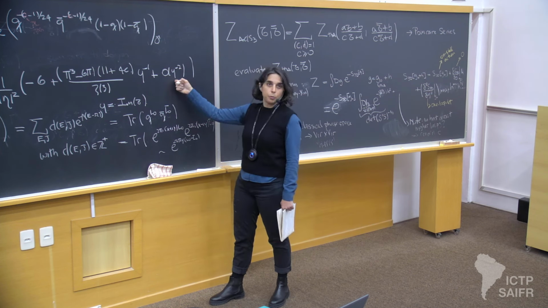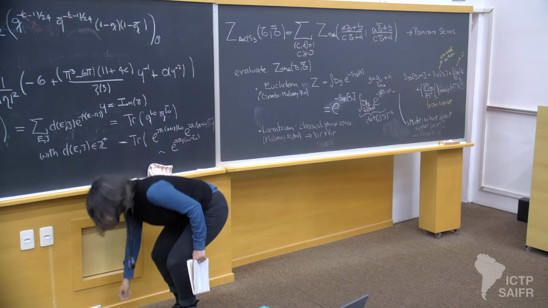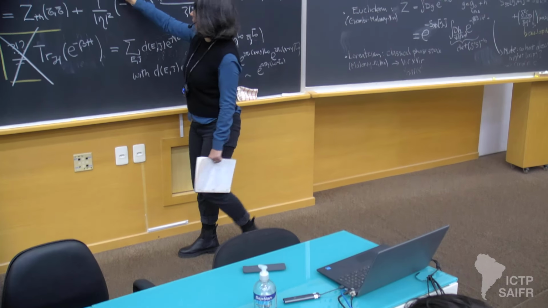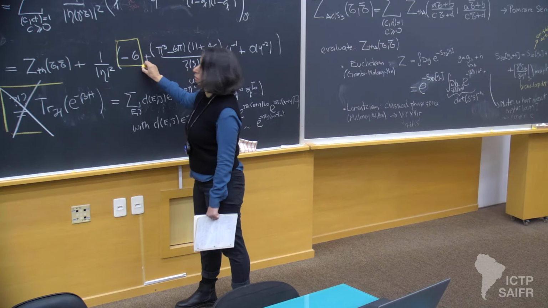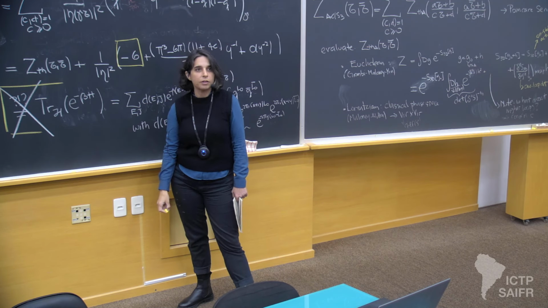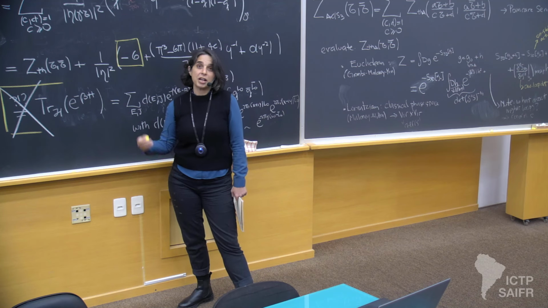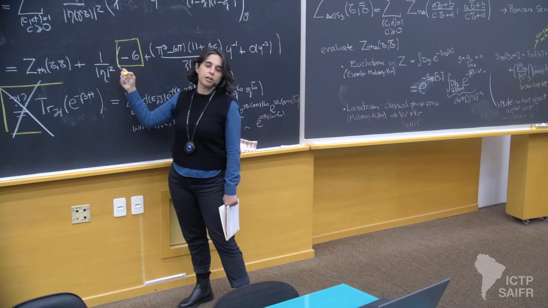There's this y dependence that comes out of the regulation. But then, it's a negative number. Traces over Hilbert space do not have negative degeneracies. And this is not the only negative contribution that shows up.